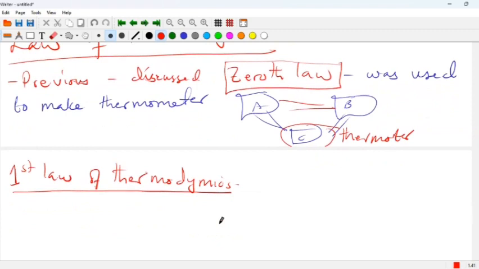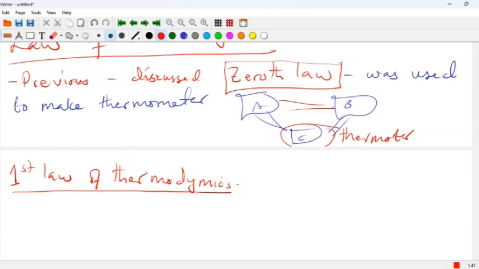I explained to you that the first law was discovered first. Much later, that's when the zeroth law was discovered. And because it was more fundamental than the first law, it was given the name zeroth law. It should have been the first law, and this could have been the second law, but because this was already named as the first law, we couldn't change its name, so they had to give this one the zeroth law, and this one remains as the first law.